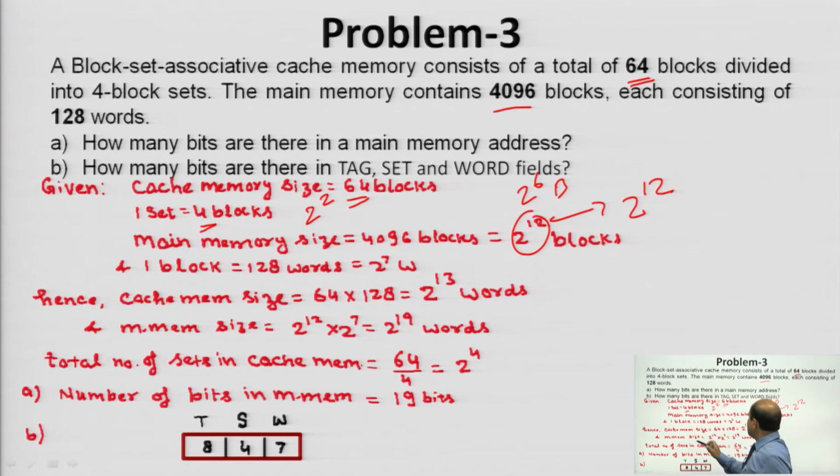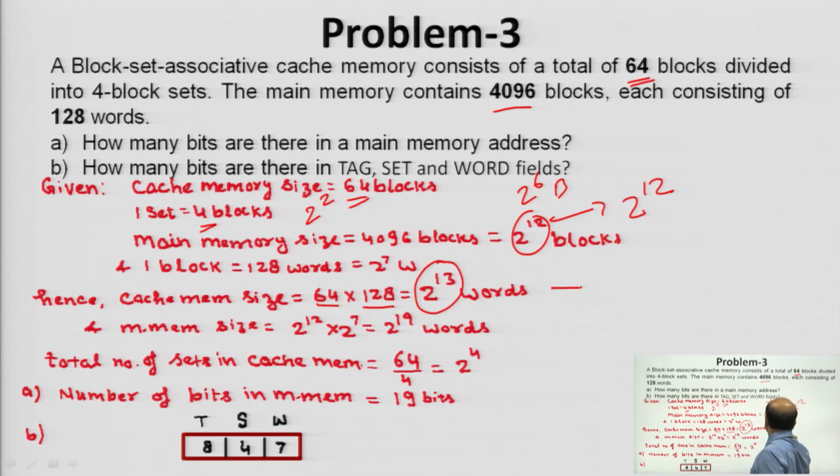How many words are there in the cache memory? 64 times the block size, that is 128, because in each block we can store 128 words. So, this will come as 2 to the power 13.